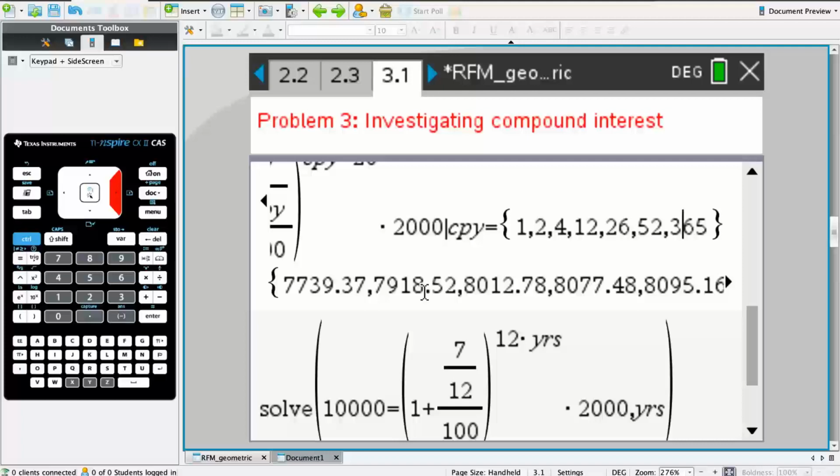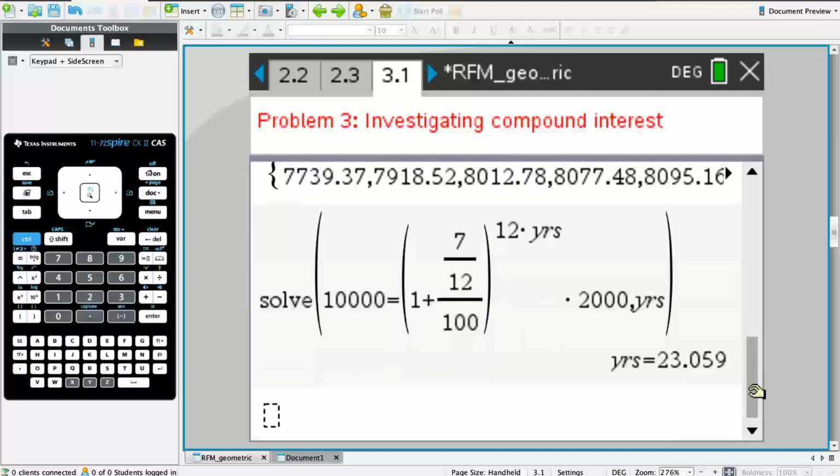Okay, and the final thing for problem number 3 is to say, if you did it monthly, how many years would it take for you to reach 10,000? That's that familiar solving rather than substituting type calculation. You're really saying, when does V of n equal 10,000?